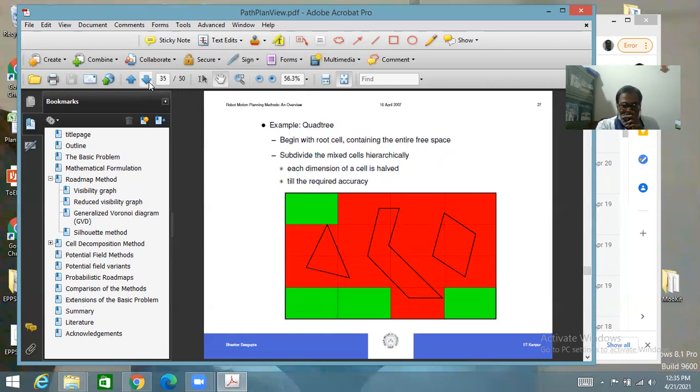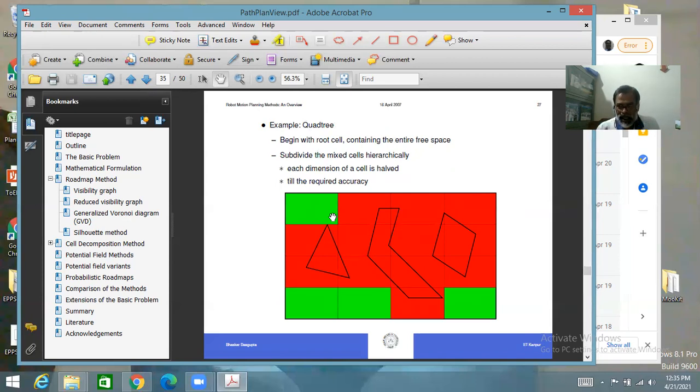This technique is called quad tree, because it is in two dimensions. In a two-dimensional region, you can draw two lines and break things into four quadrants, and you will basically make a tree of these quadrants.